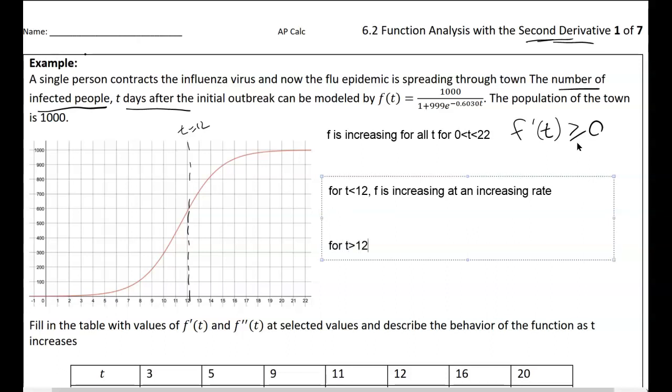For t bigger than 12, f is increasing at a decreasing rate. So in other words, in this region, growth is slowing down. Most people have already gotten sick, and it's spreading more slowly. Overall, the number of people who are sick is still going up, but not as quickly as it was before.